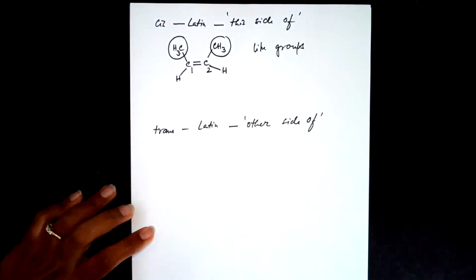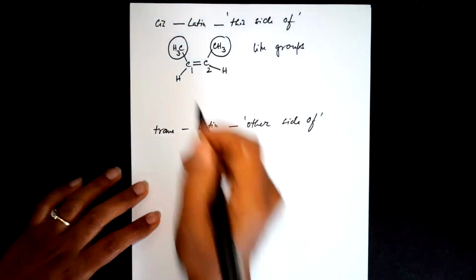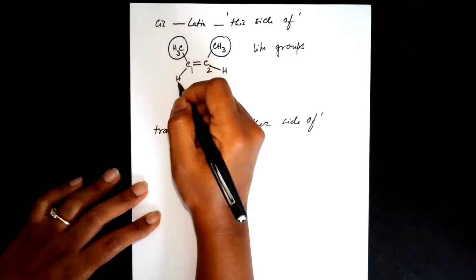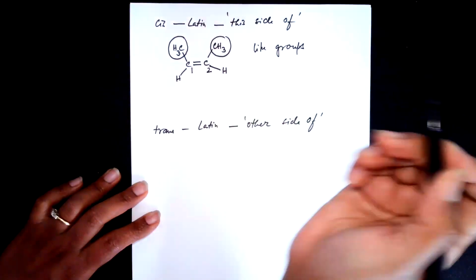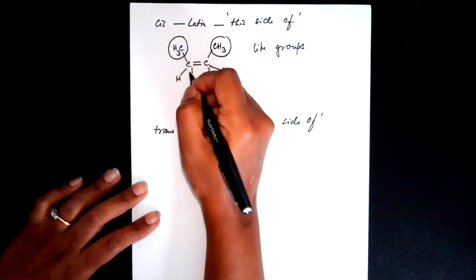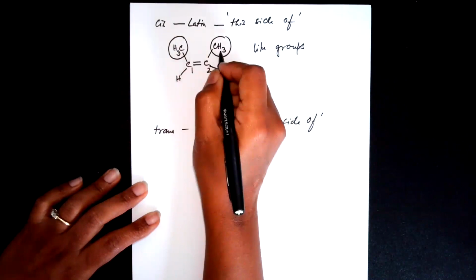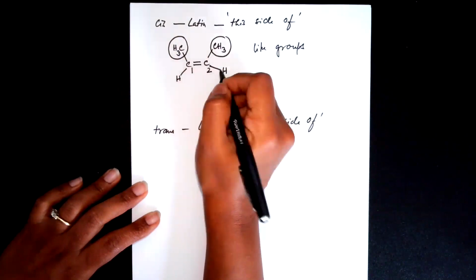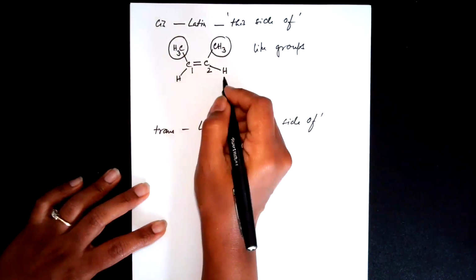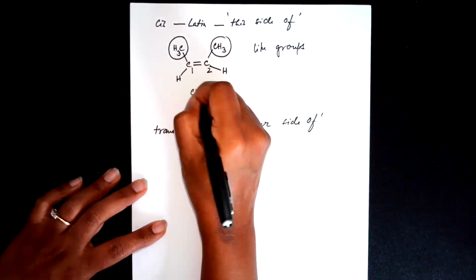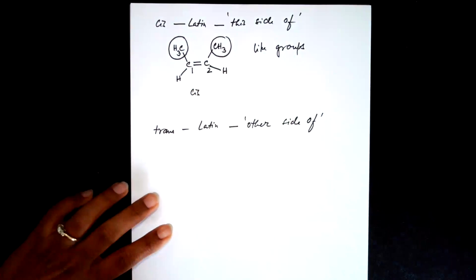I'm labeling them just so that I can follow them around. Carbon 1 has a methyl and a hydrogen. Carbon 2 also has a methyl and a hydrogen, so like groups. Now, both of these methyls on the 2 different carbons are on the same side. Both the hydrogens are on the opposite side, but again, same side with respect to each other. So this would be an example of a cis type of molecule.